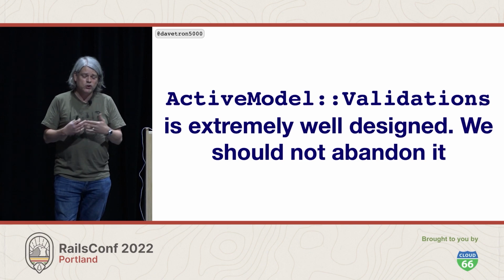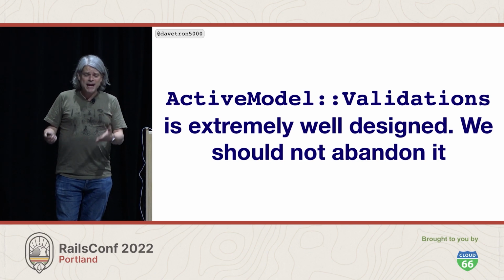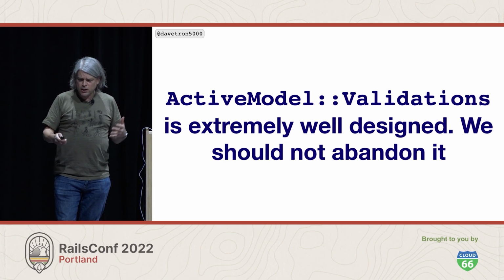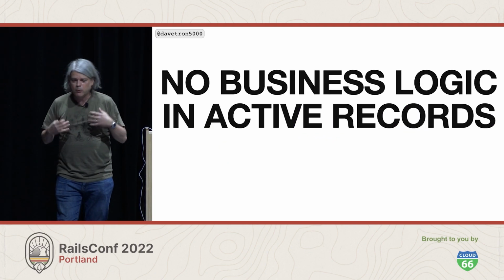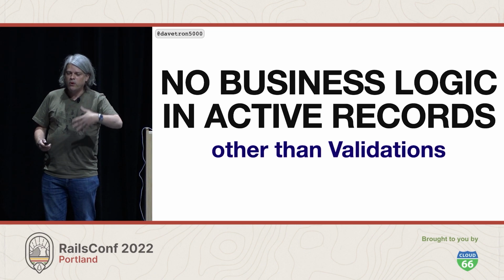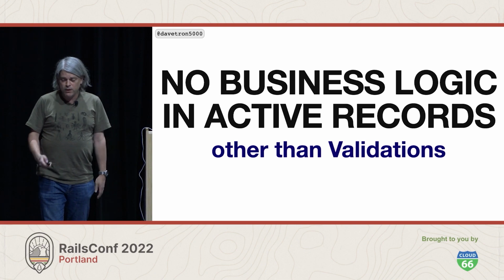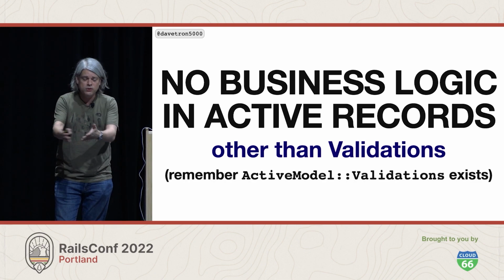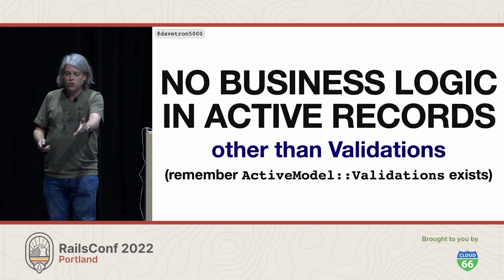I don't want to reinvent that, and I don't want to abandon that for this sort of architectural purity. It's a bit of a trade-off. So yes, I would love to have our architectural principle be don't put business logic in your active records. But I think it's still pretty fine if we say except for validations. That's cool, with the asterisk that you can use the validations outside of Active Record. I don't know who did this, but thank you for doing this. That's very nice.